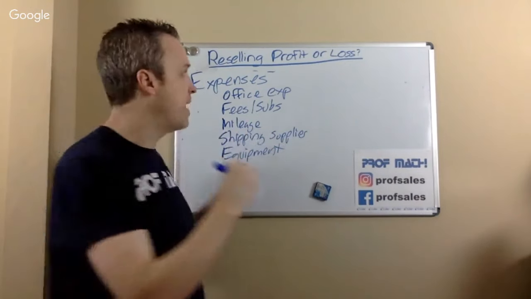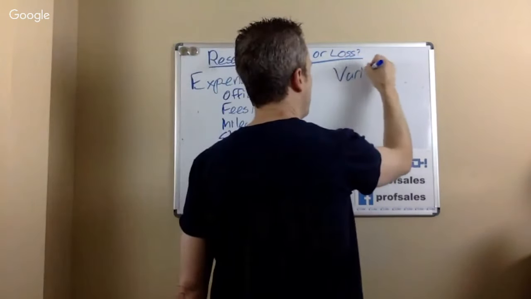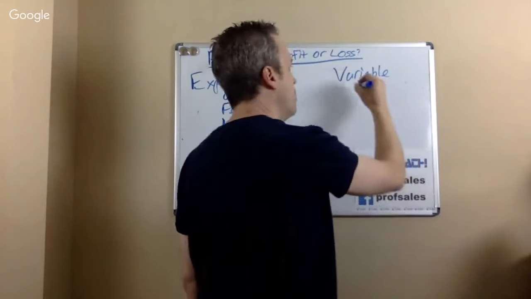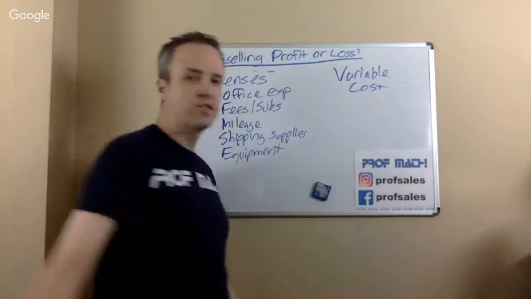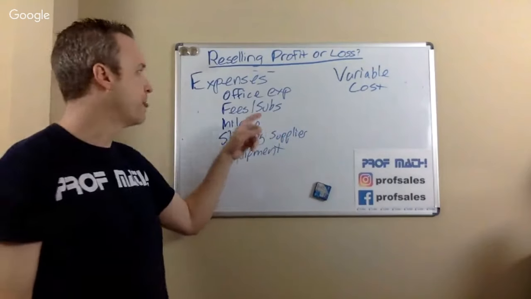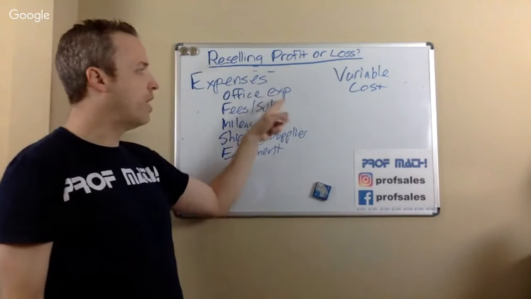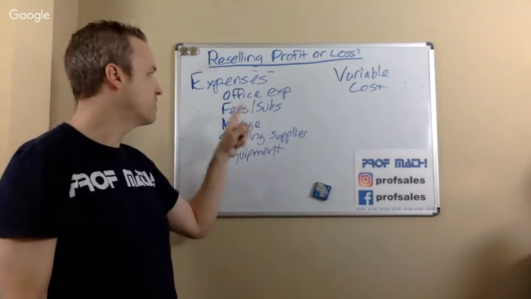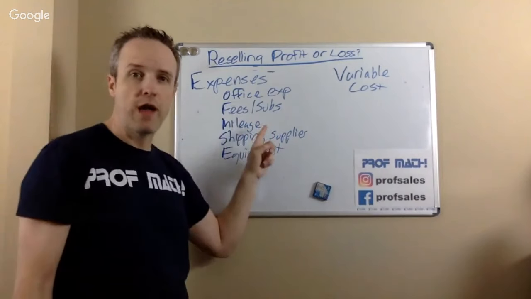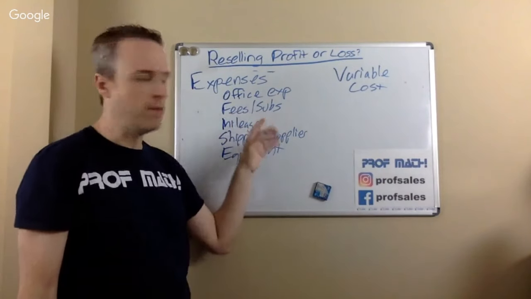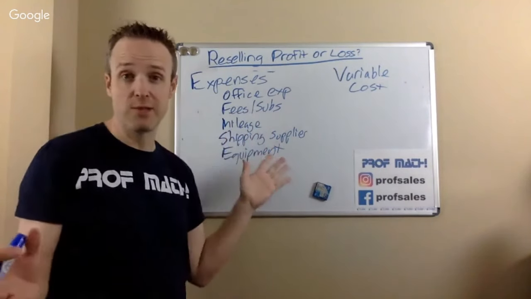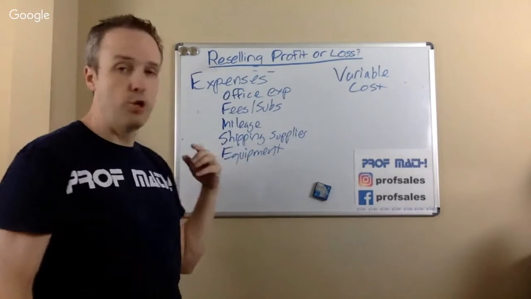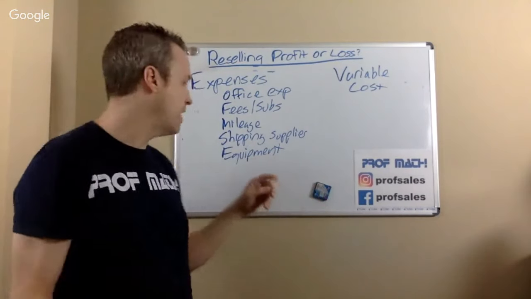So why do these matter? Because these are what's known as a variable cost. You can control some of this. You can control the amount of money you spend on office expenses or fees. You can control how much you drive. Now, you will have some tax breaks for that, but it's still an expense. Shipping supplies, you might be able to get free shipping supplies.